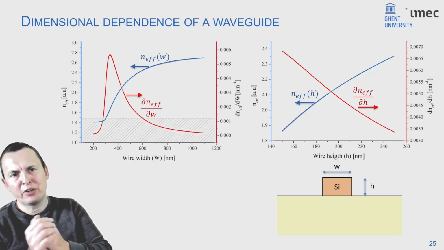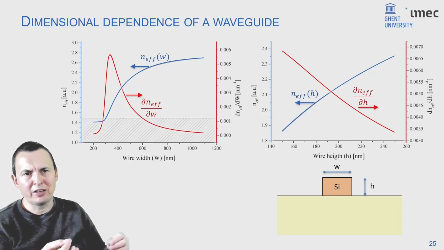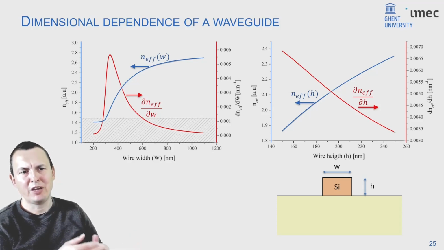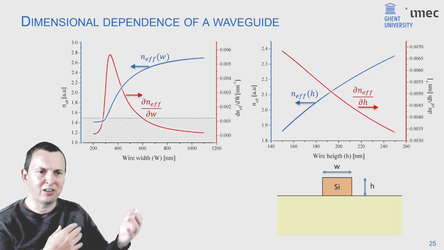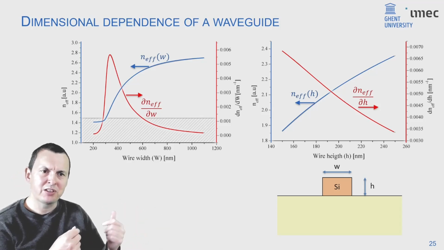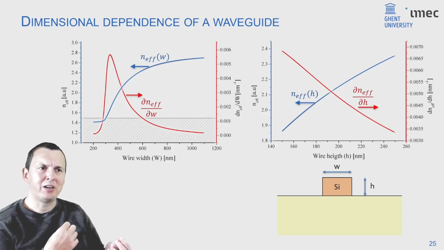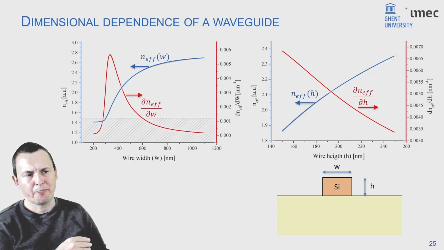So if you have a fabrication process where your waveguides are not controlled very well in terms of line width, you're going to end up with a lot of variation in the behavior of your circuit, in the behavior of your filter. So that means that when you design it, as we will come to later in the design process, when you design those circuits, you need to be able to somehow assess the impact of these variabilities, of these deviations from the ideal onto your circuit design.